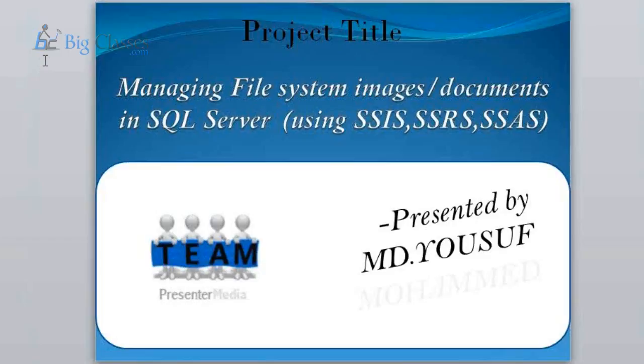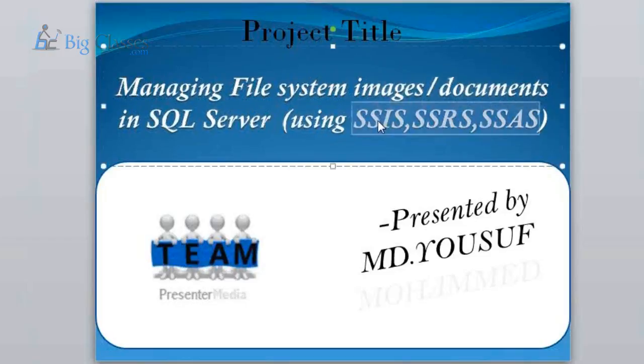Whatever the manipulations are, irrespective of the changes you see from the business end, we are going to do that in SSIS. Let's say there is a requirement to extract different kinds of file systems. Files can be Excel files, flat files, or even images. You have to extract those files and load them into your SQL Server, for example. For that we can use SSIS.